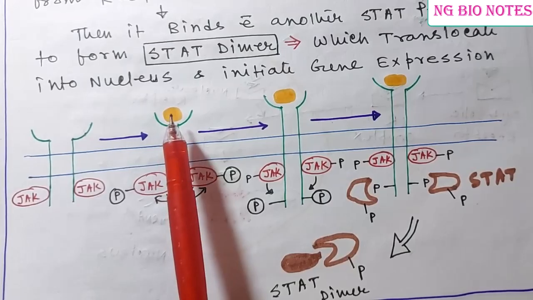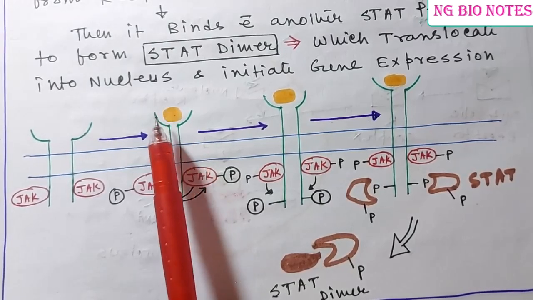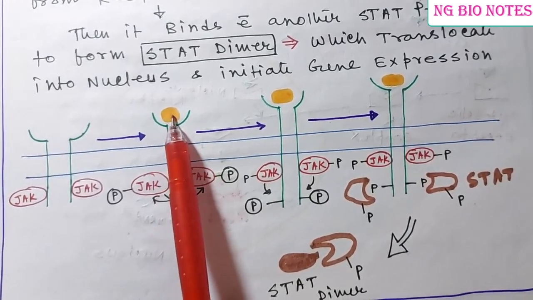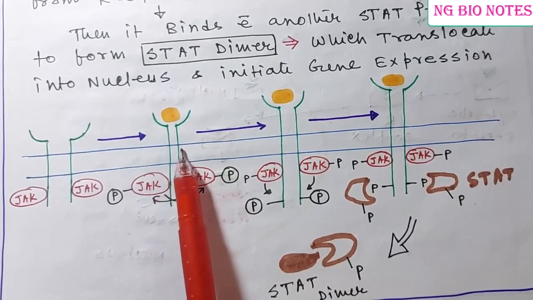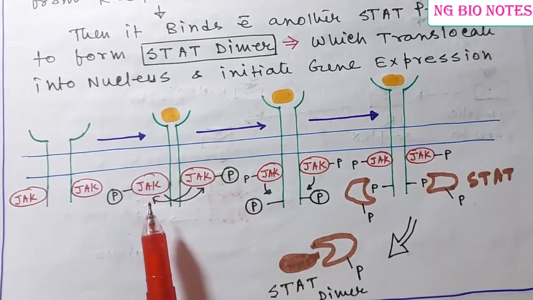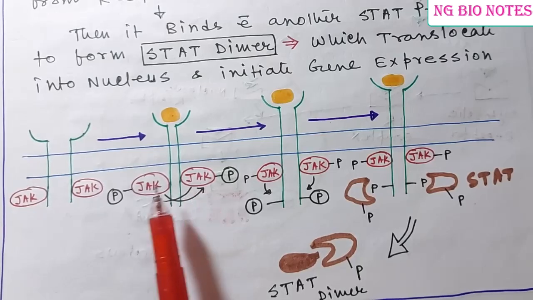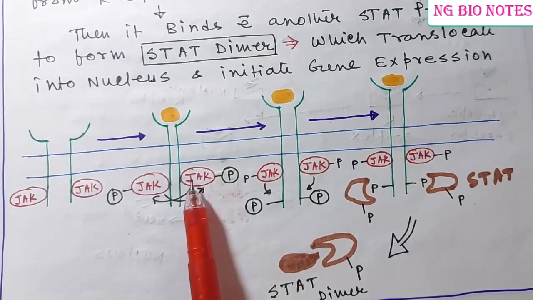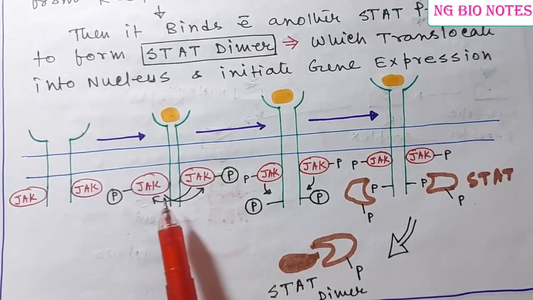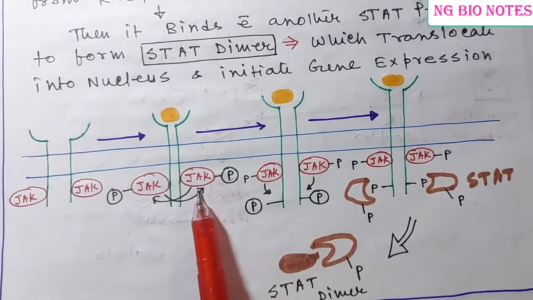After binding of the hormone or ligand with the extracellular hormone binding domain, receptor dimerization can be seen, and then the cytosolic Jak of these two receptors will phosphorylate each other. That means cross phosphorylation can be seen.